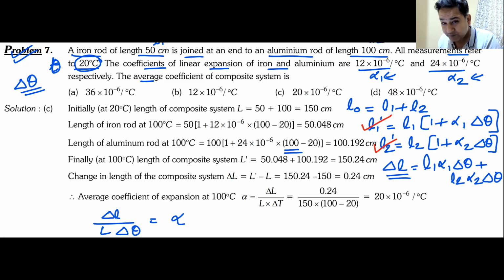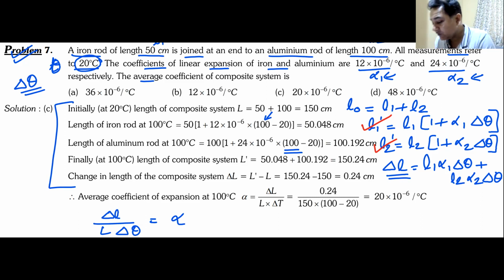Now, the beauty of this question is this 100 degrees Celsius is not required because delta theta is getting cancelled from everywhere. Do you see this or not? Yes, sir. They have done so many calculations, but if you had listened to me and done all the calculation at the end, you would not have to do a lot of calculation because delta theta actually gets cancelled.